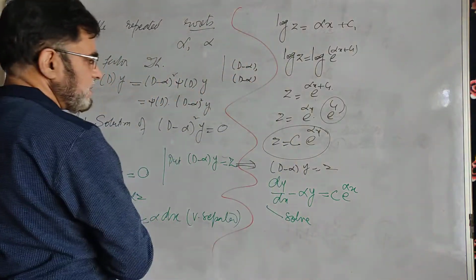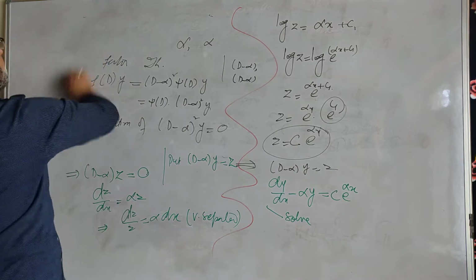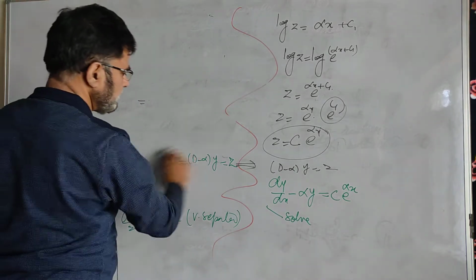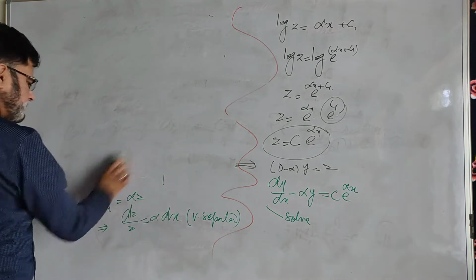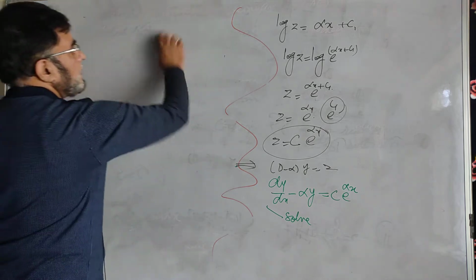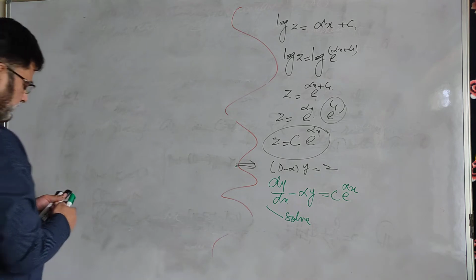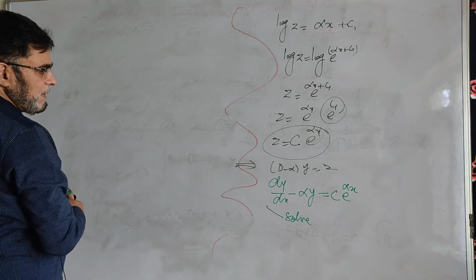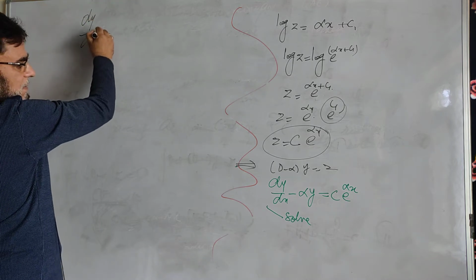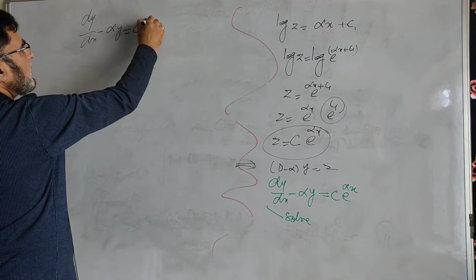How do we solve it? This is dy by dx minus alpha y is equal to c e raised power alpha x.